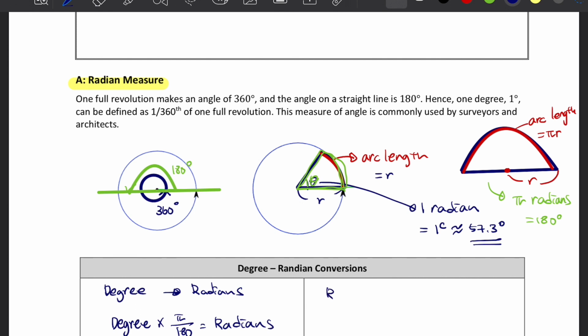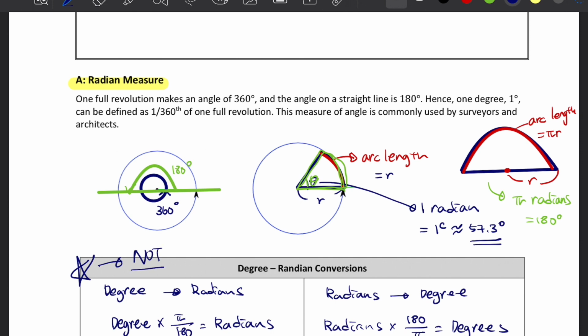Same thing, if we want to convert from radians to degrees, we multiply by the conversion factor 180 over pi to have the angle in degrees. This conversion formula is actually not in the formula booklet, so you have to remember this.